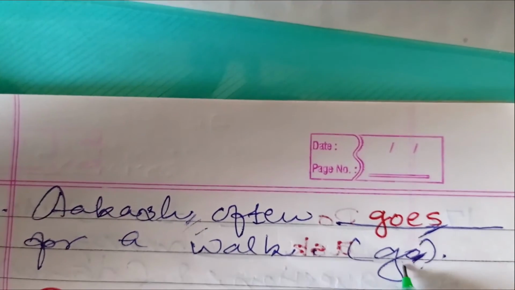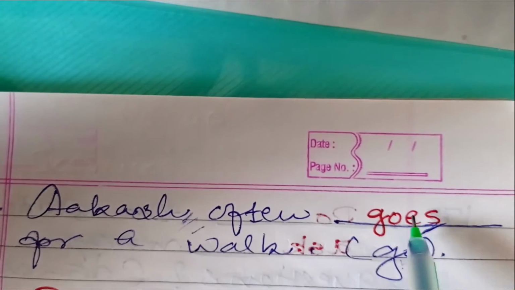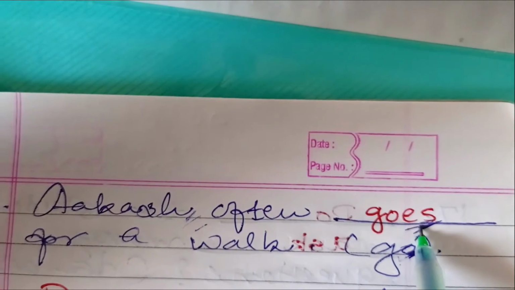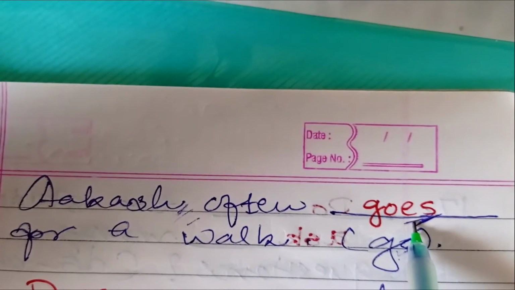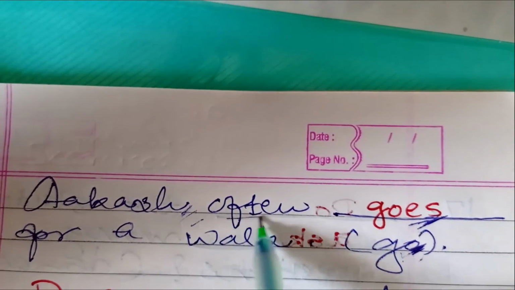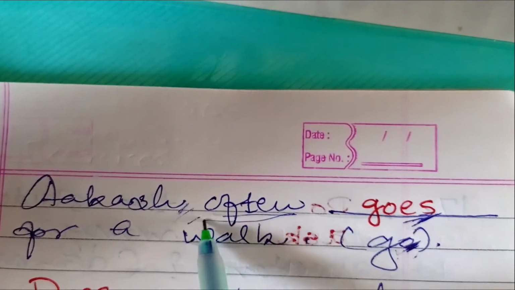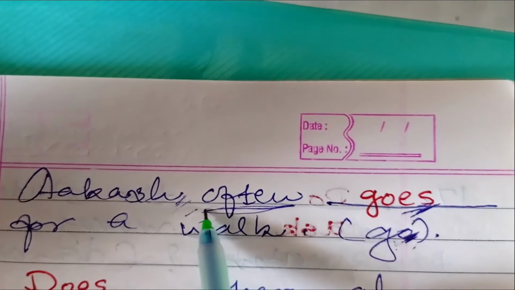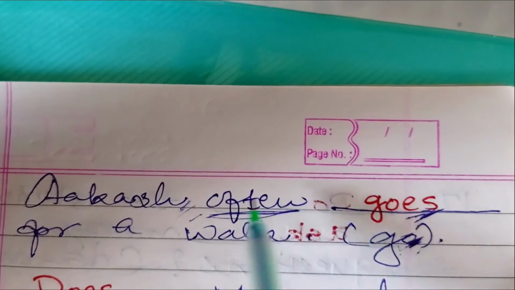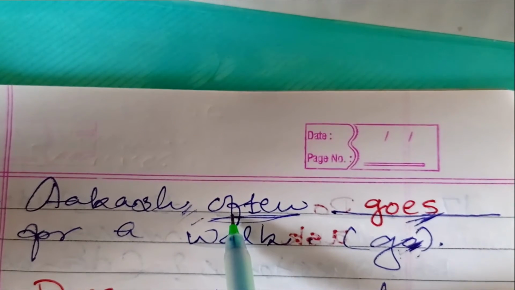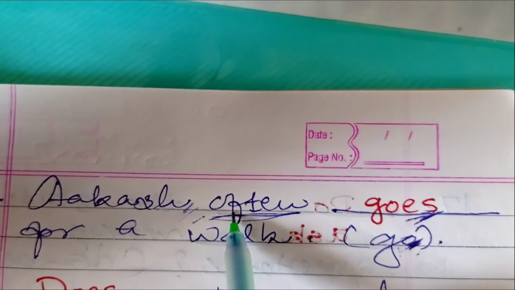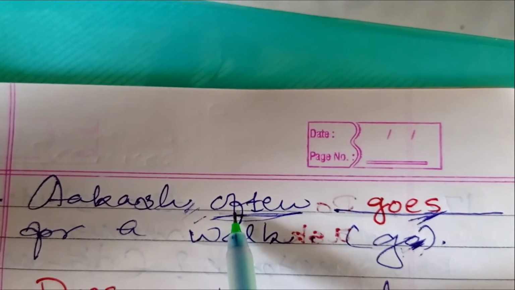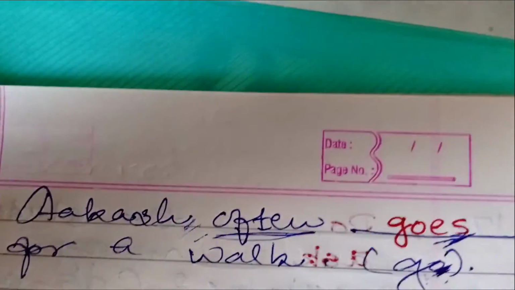Here it ends in o, that's why we have added es. And often, the adverb of frequency, will come before the verb in the simple present tense.